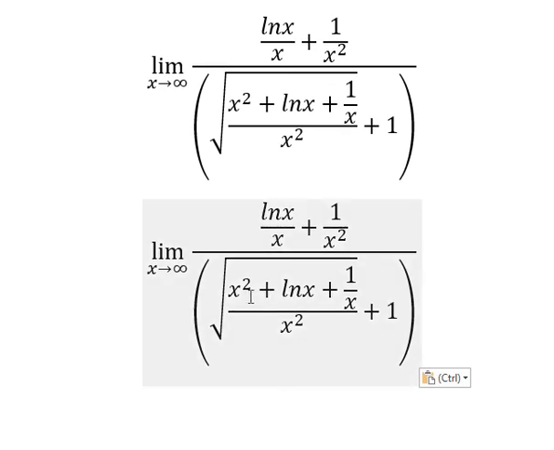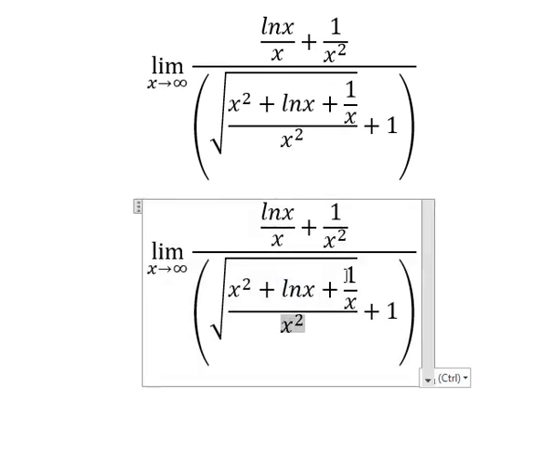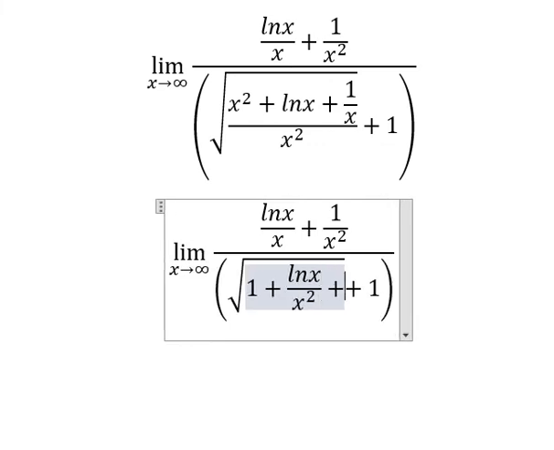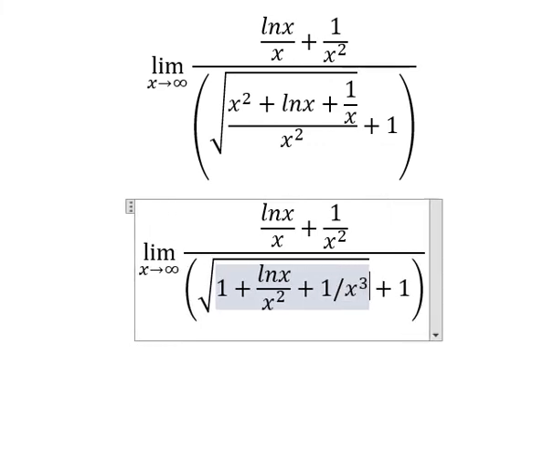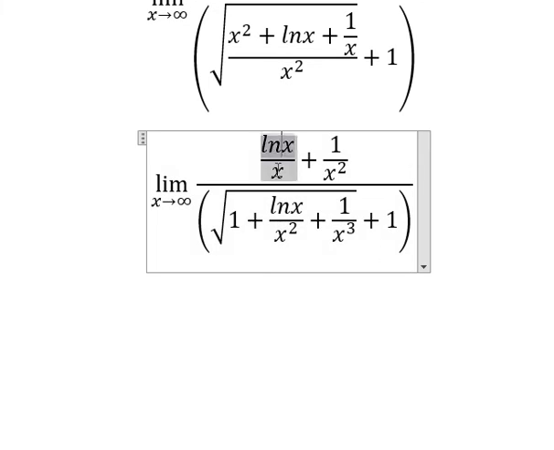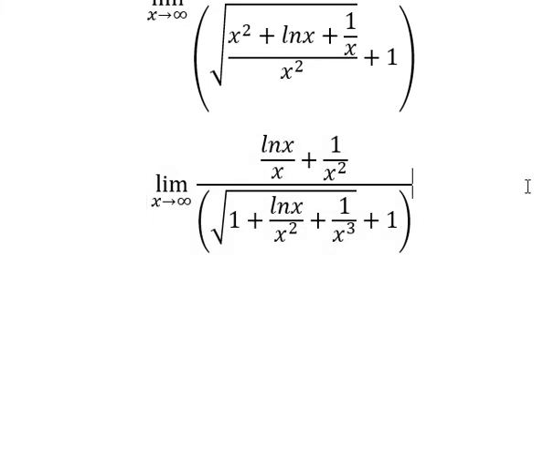Next, s squared divided by s squared. This one divided by s squared, 1 over s divided by s squared, and we have like this. So we need to consider about this one.